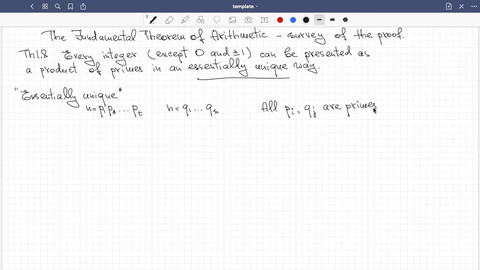They may, and frequently do, repeat. It doesn't mean that one prime appears only one time.